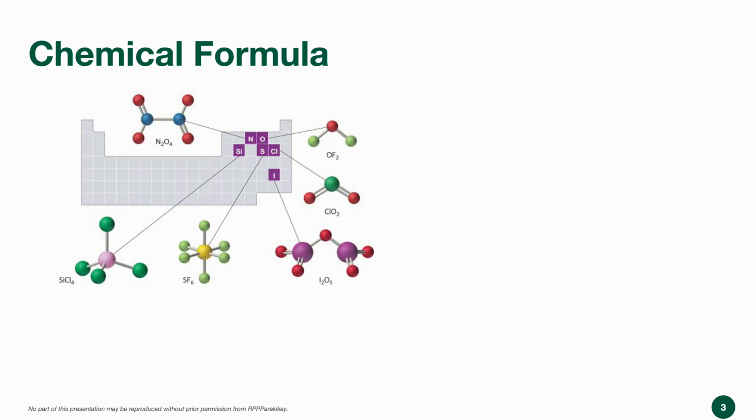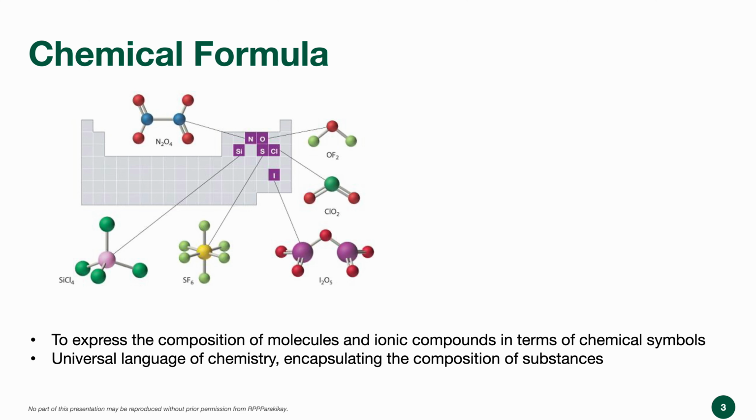A chemical formula is a symbolic representation of a compound's composition, and it's expressed through element symbols and numerical subscripts. So it functions as the standardized notation of chemistry, telling us the identity and how many atoms or ions are present.